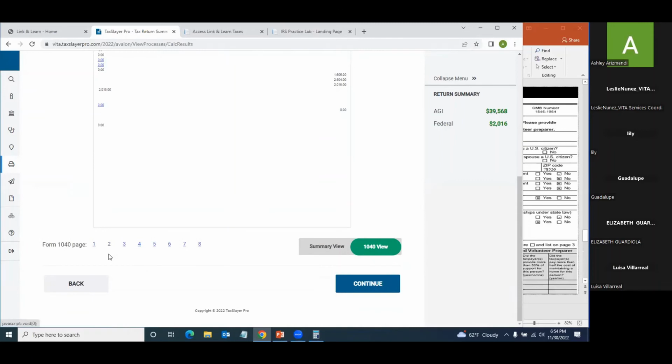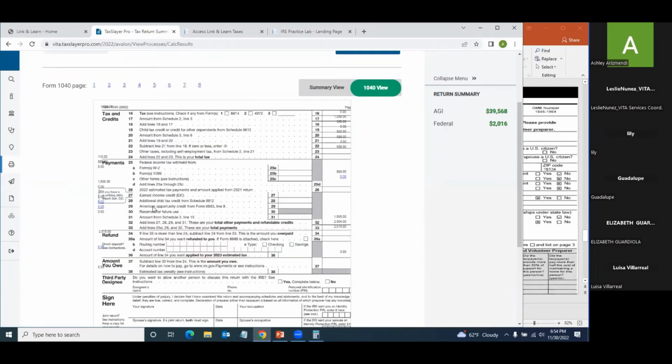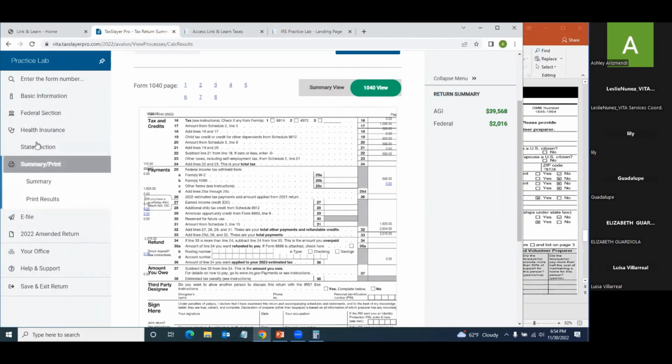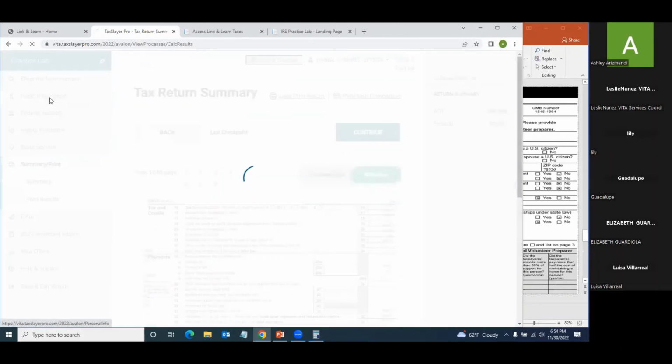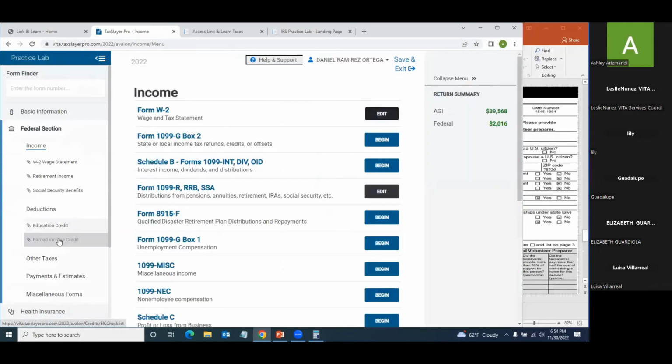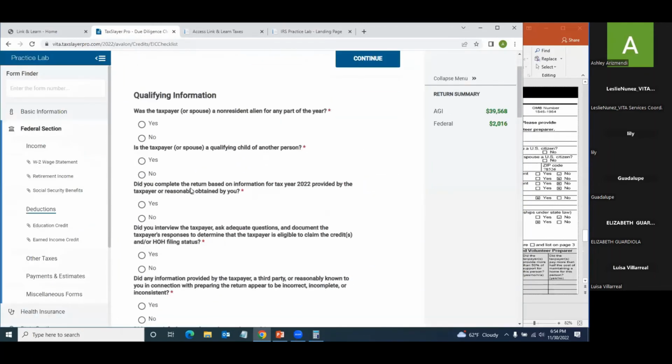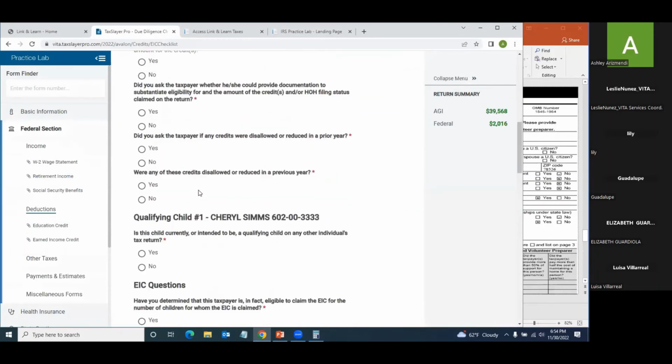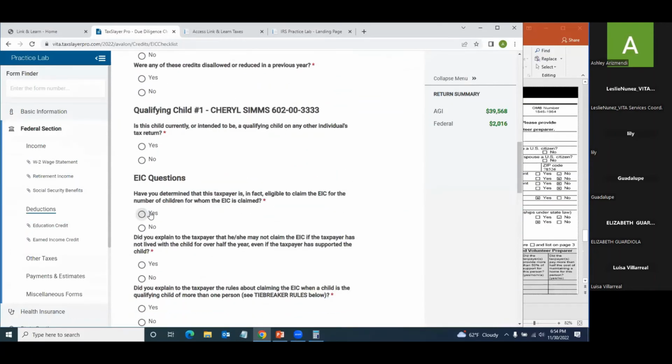And on page 2, I believe, it'll let you know earned income tax credit. If they get credit here, it is because they got credit for the child on line 27. It does show the earned income. Okay, it would show on there, so we would put yes.